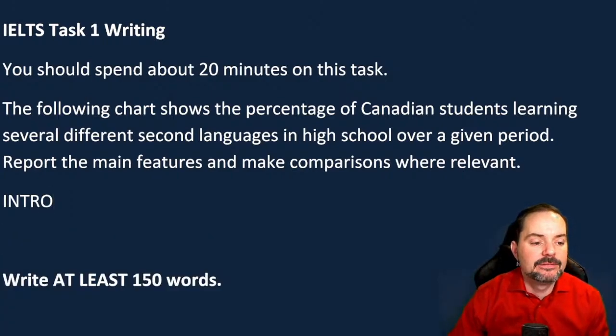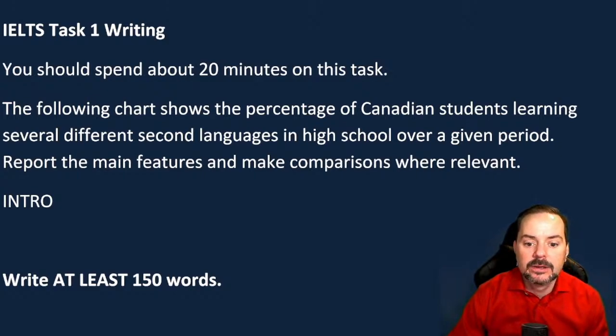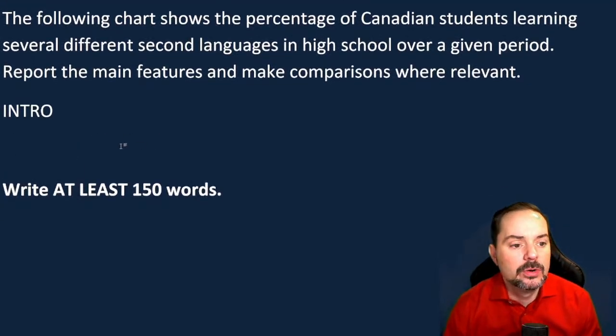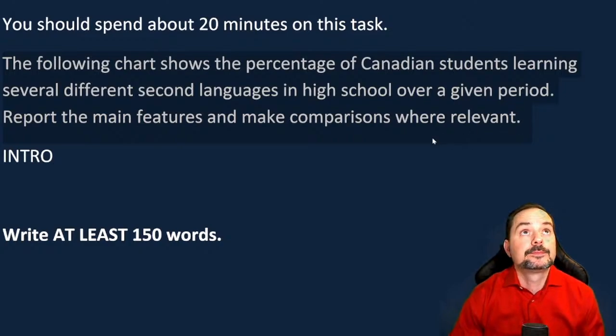Intro paragraph. So again, we are looking at the details in the graph to help us write a better introduction, okay? So in the introduction, we're paraphrasing the question here.